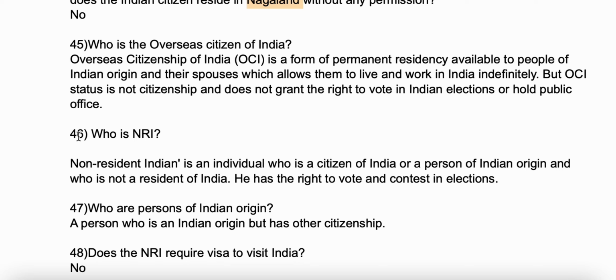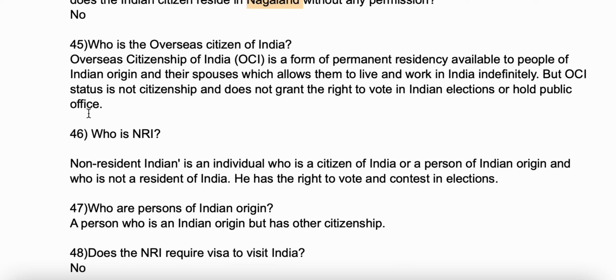But OCI status is not citizenship and does not grant the right to vote in Indian elections or hold public office. Okay. Now NRIs are born in India, are Indian citizens, but they are non-residents of India. They live in another country for work purposes. So these NRIs have the right to vote and the right to contest in elections.